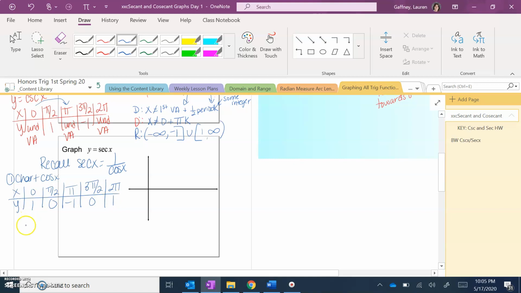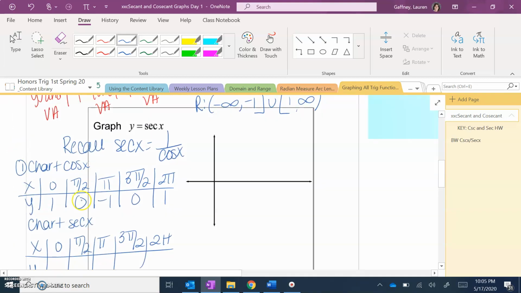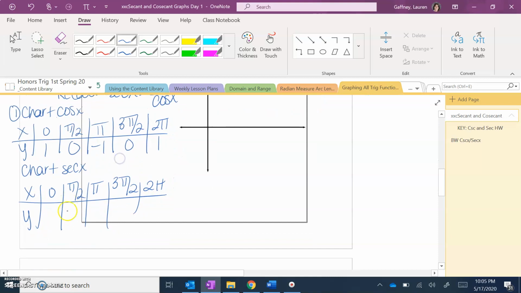Remember that they are reciprocals. So let's do the chart for secant. Similar to before, with the sine and the cosecant, anywhere that you had 0, you take the reciprocal of that, it's going to be undefined, and you have a vertical asymptote. Okay? So now, if I flip 1, I get 1. If I flip -1, I still get -1.